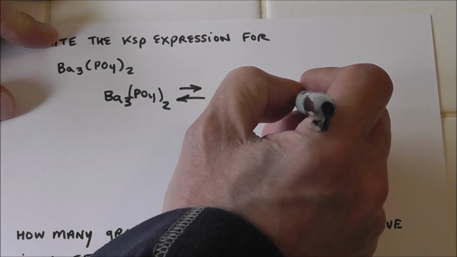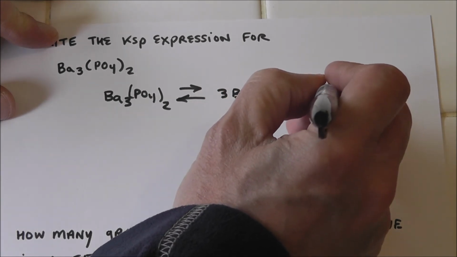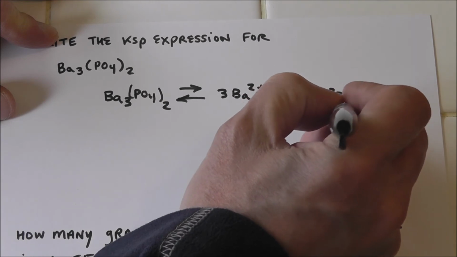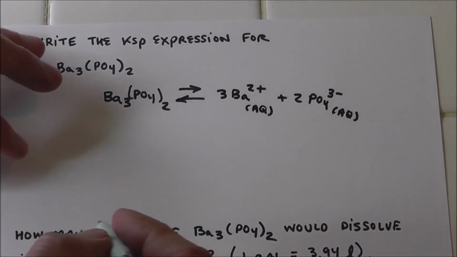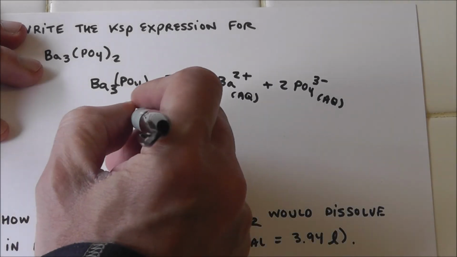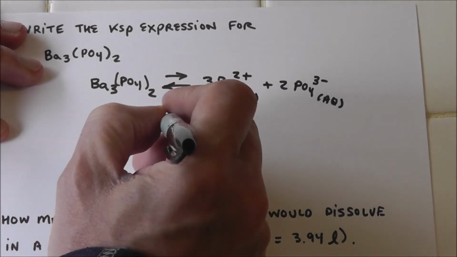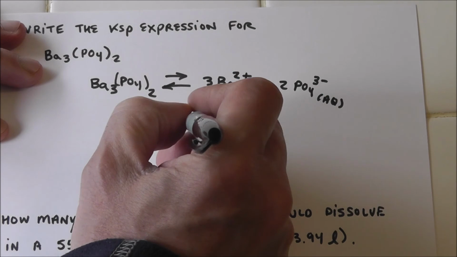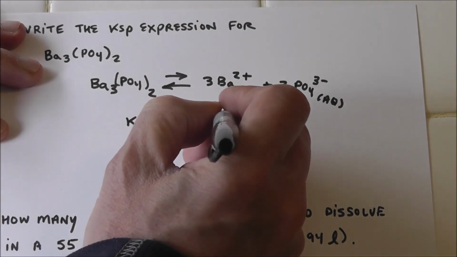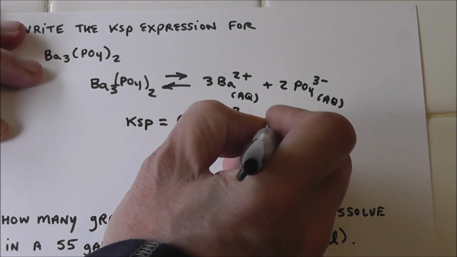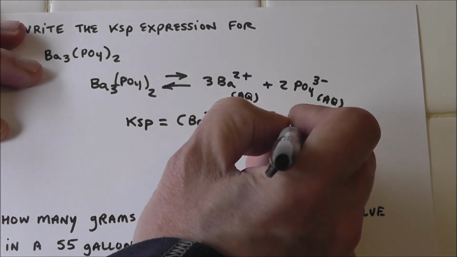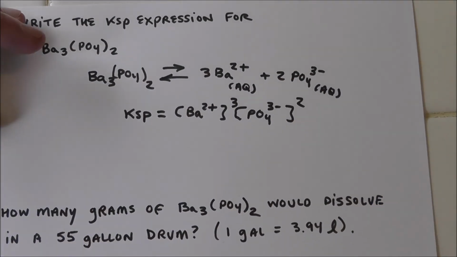This would be Ba2+ and PO4 3 minus is what a phosphate is. We're going to go ahead and call KSP equals the barium concentration cubed times phosphate concentration squared.